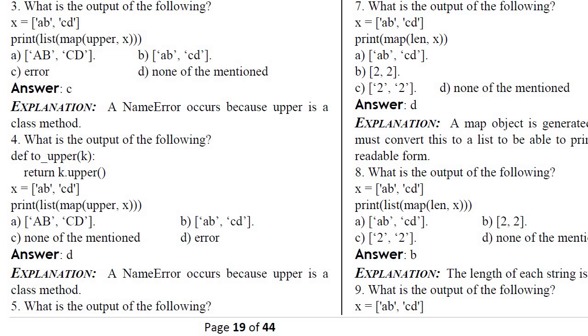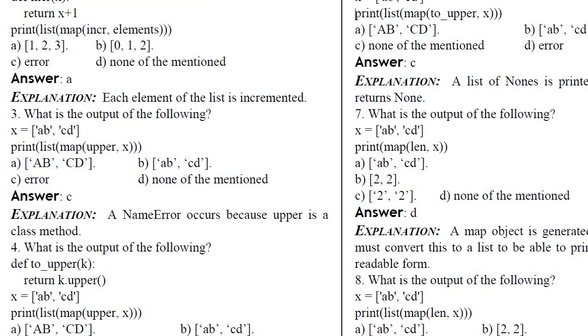Next you will see here, x, then AB and CD, print list, again defining the list, then mapping that list. So it will give you the length of each element defined in the list. AB contains two length, again it contains two length, so it will map out the length of each.